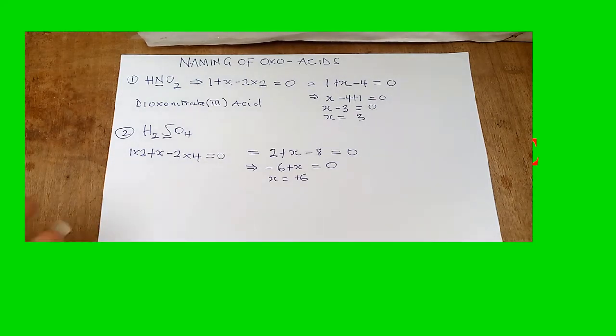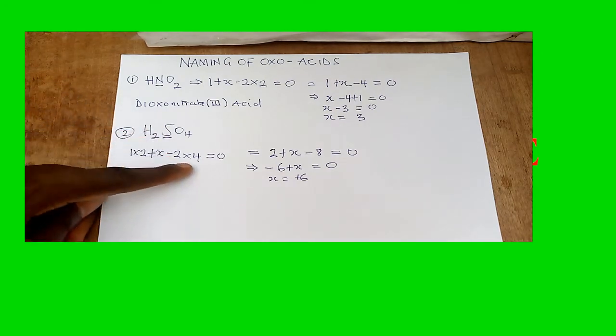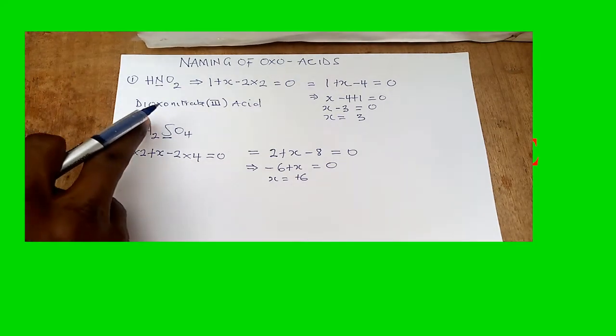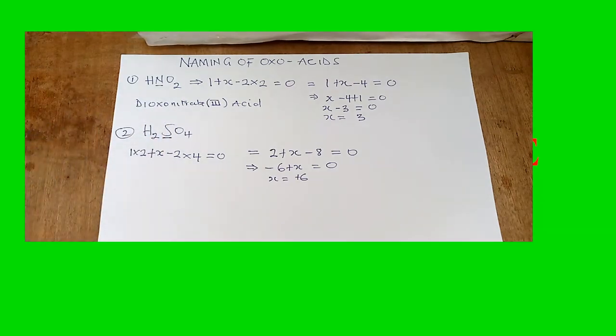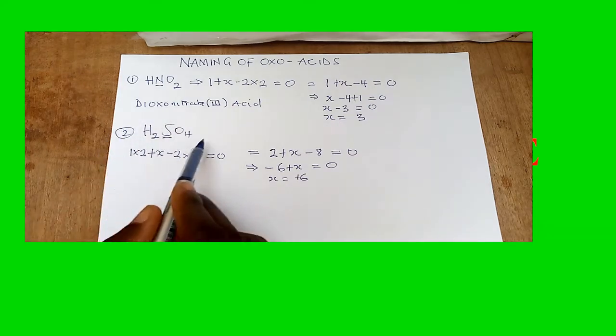You can say tetraoxo, or you can start from the first atom, which is hydrogen, and say hydrogen tetraoxo. When I say hydrogen tetraoxo, I shouldn't add acid too, because the name has been mentioned already. So we can give this compound 2 names, which will be correct.